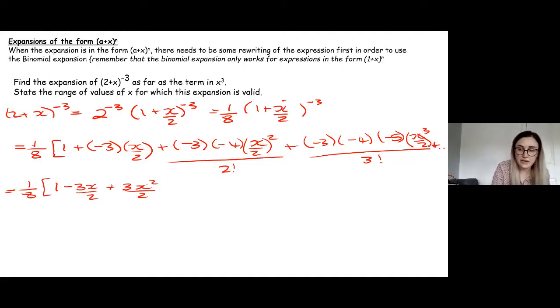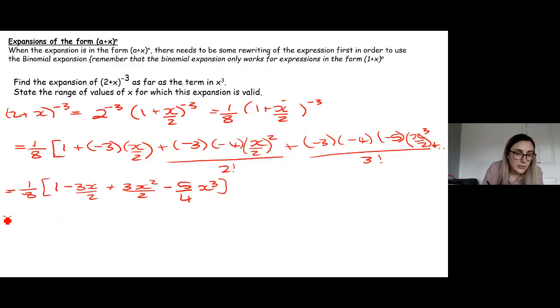And then we're going to divide that, so that 2 there is going to be an 8, so if we divide that by 8, it's 15 over 2, and then we're going to divide it by our 3 factorial. So 3 times 2 times 1, which is going to give us a 6, so that is going to leave us with 5 over 4. It's going to be a negative because there's 3 negatives here. So negative 5 over 4 x cubed. Okay, 5 by 6, 5 over 4. Yeah. Okay. And so on.